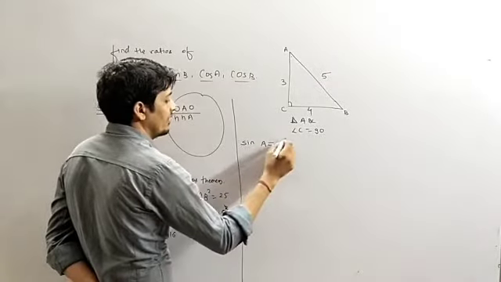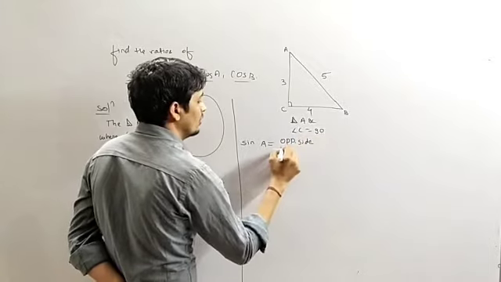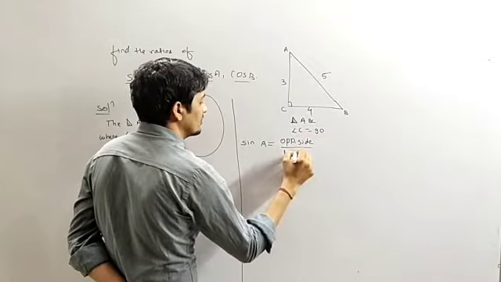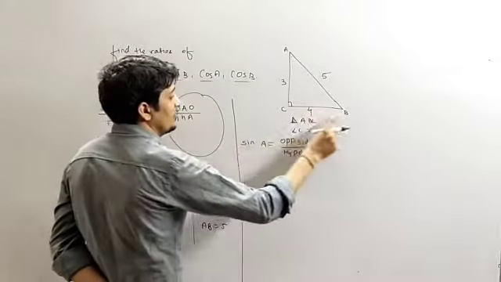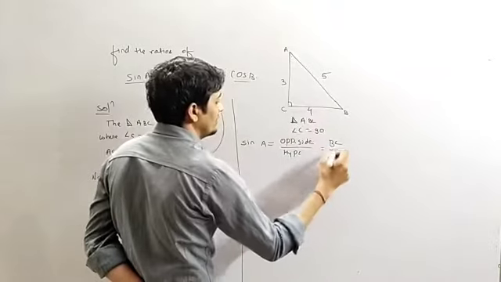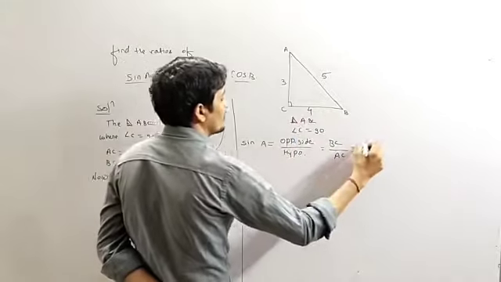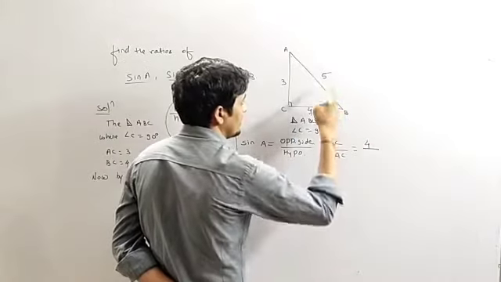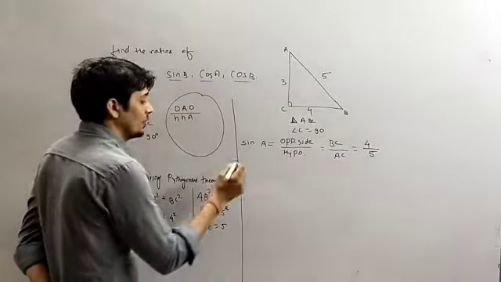For angle A, the opposite side is BC, and the hypotenuse is AB. BC is 4, and hypotenuse AB is 5. So sine A equals 4 divided by 5. This is the answer.